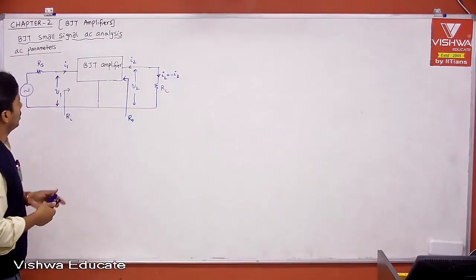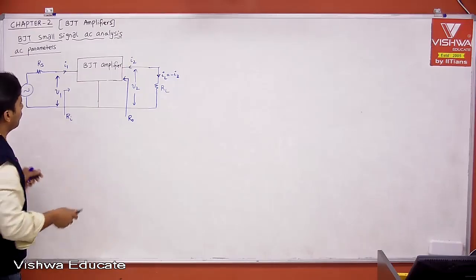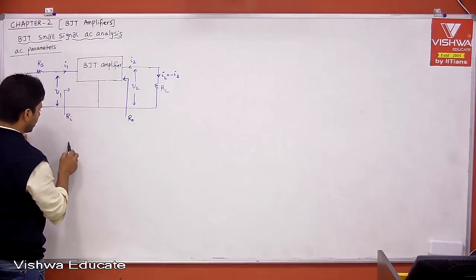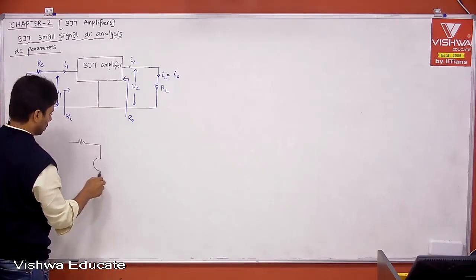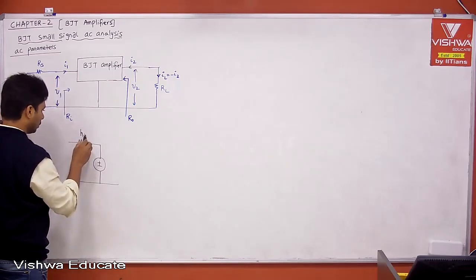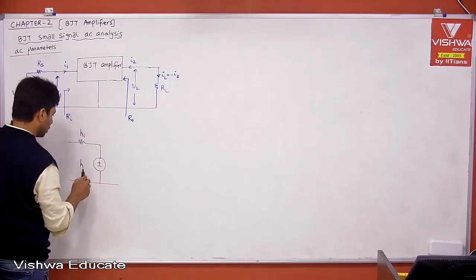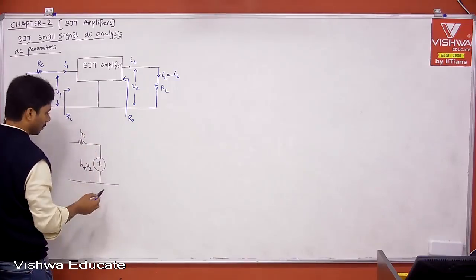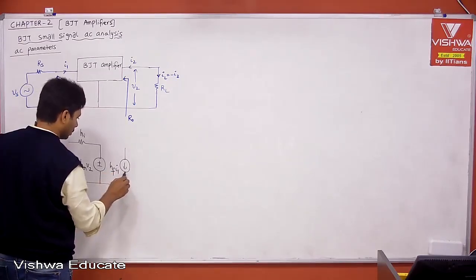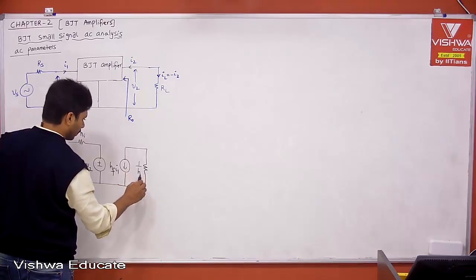Now, I rubbed the diagram, but if you go back, when we replace the BJT with the H parameter model, I told that this is HIE, this is HI, this is HR into V2, this is HF into I1, and this is 1 by HO.